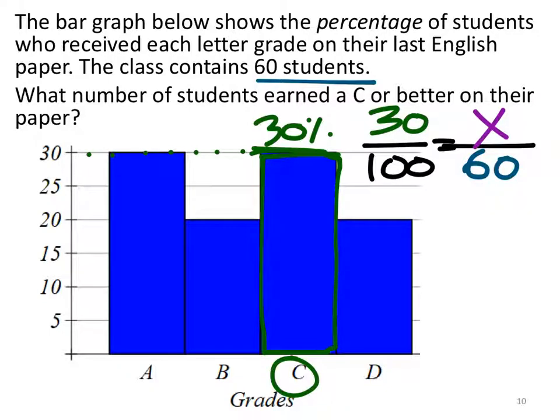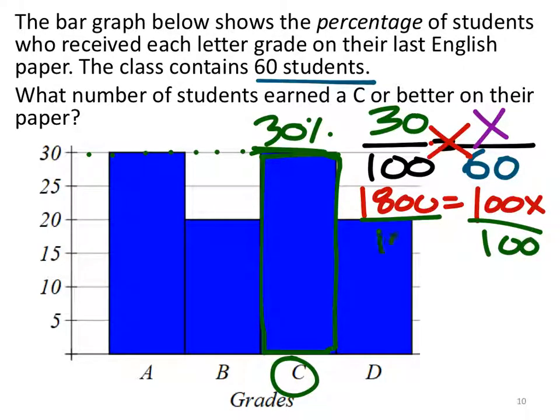So let's start multiplying these then. 30 times 60 is 1,800. Some of you guys don't even need to go any further than that. That's okay. 100 times x is 100x. Then we'll divide both sides by 100. And we get x is 18. So 18 students got a C.